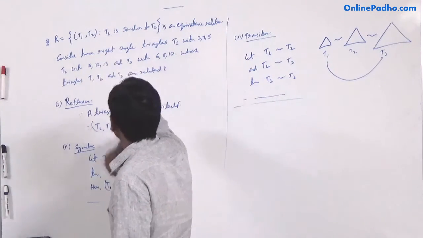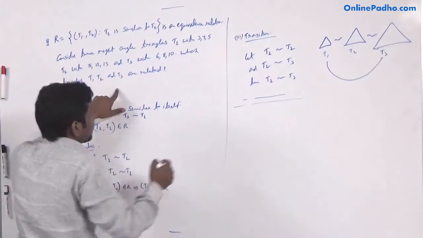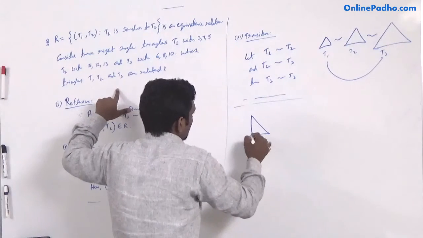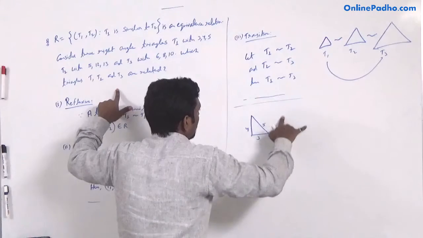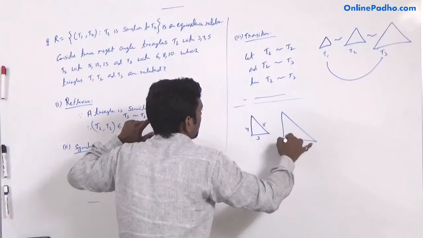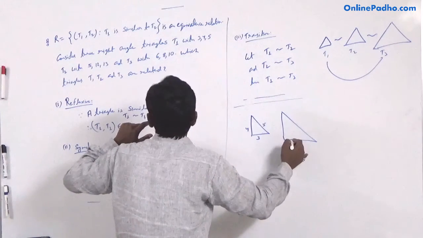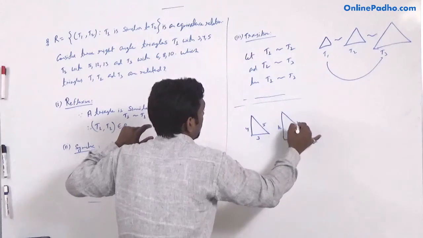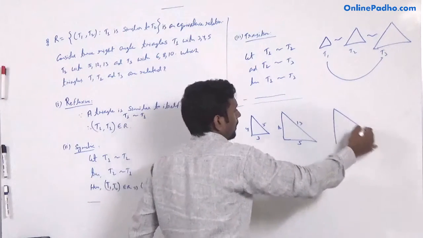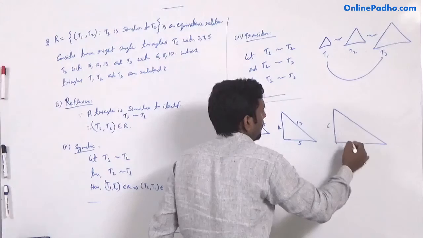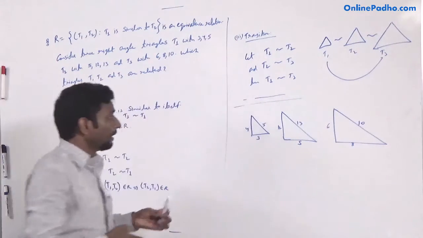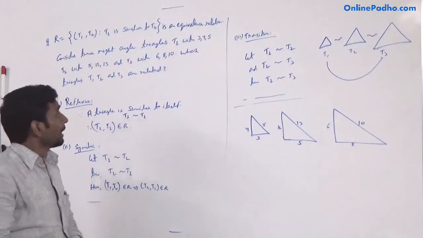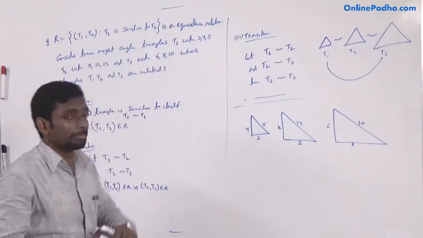The first triangle is a 3, 4, 5 right triangle, the second right triangle has 5, 12, 13, and the third right triangle is 6, 8, 10. Are they related? The relation is that two triangles must be similar.